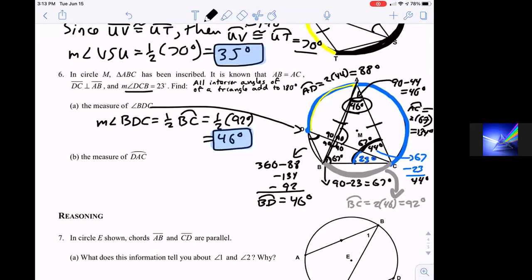And then the measure of arc DAC, the whole blue one around, is going to be equal to the measure of arc AD plus the measure of arc AC. That's one way we could do it.